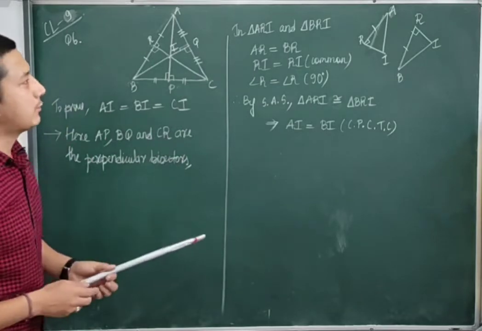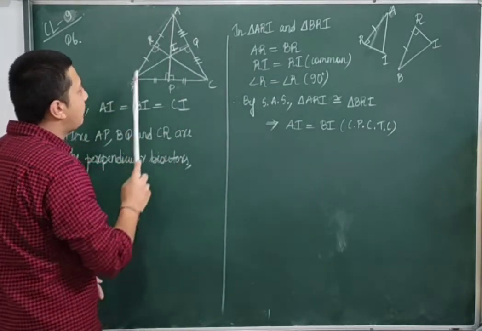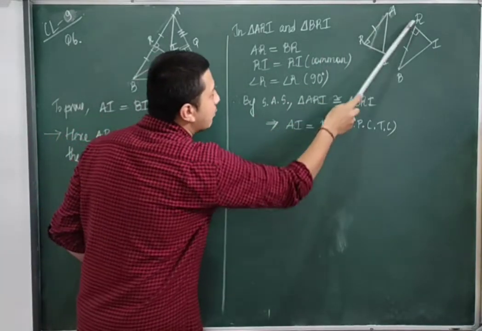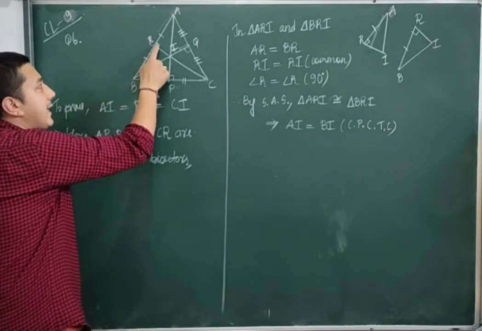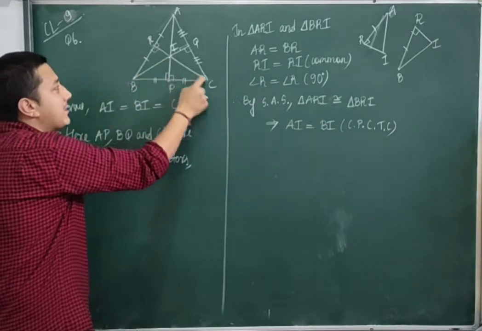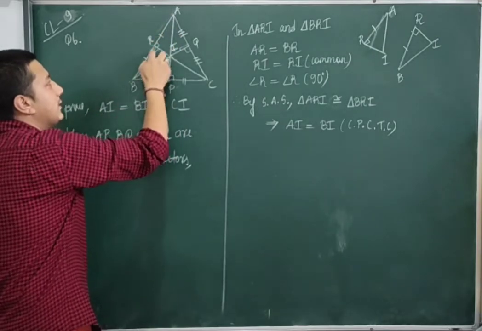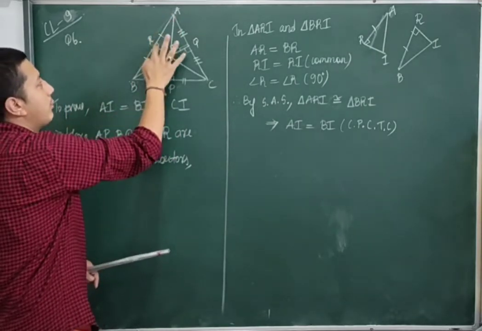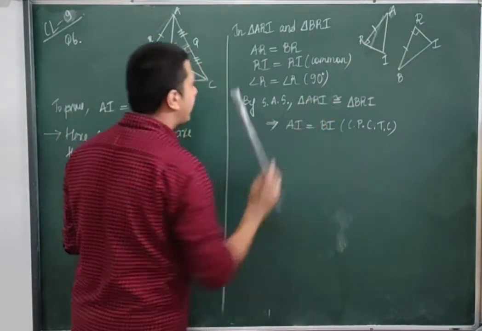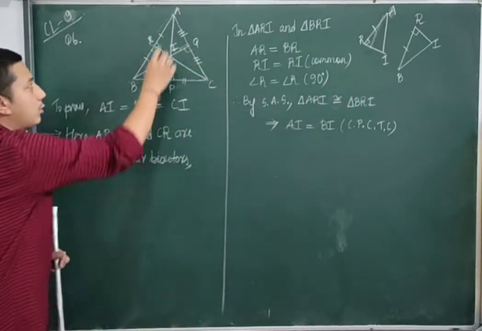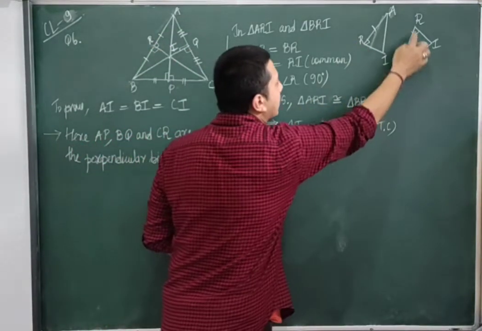In these two triangles, I know that AR is equal to BR. On both the triangles it is 90-90 because this is the perpendicular bisector. So angle R is 90, angle R is 90. One more thing, both of these triangles contain RI. Here also I have RI, here also I have RI.